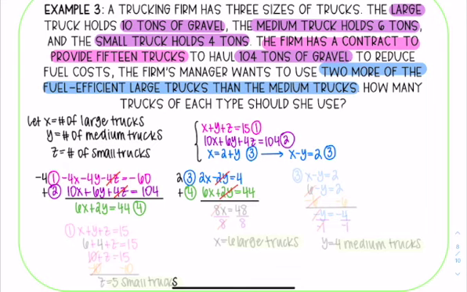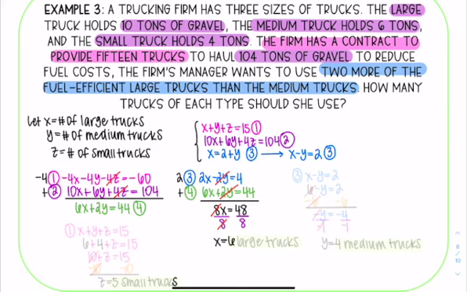So your y's cancel. You end up with 8x equals 48. And we want to divide by 8, and we get that x is equal to 6.